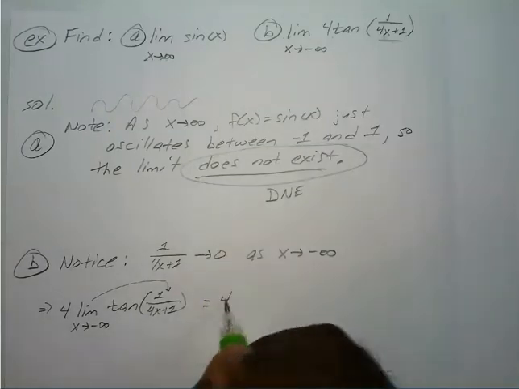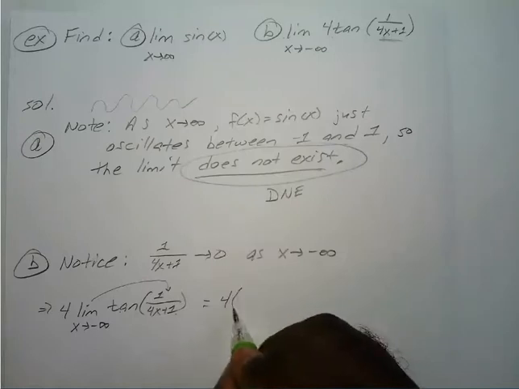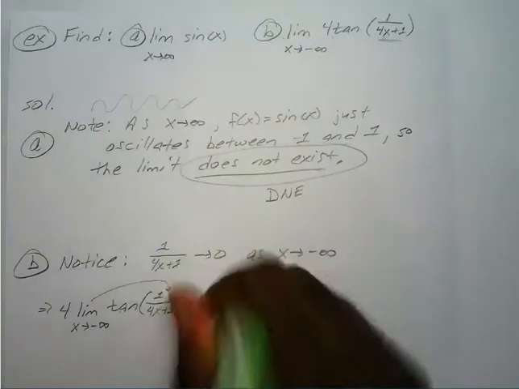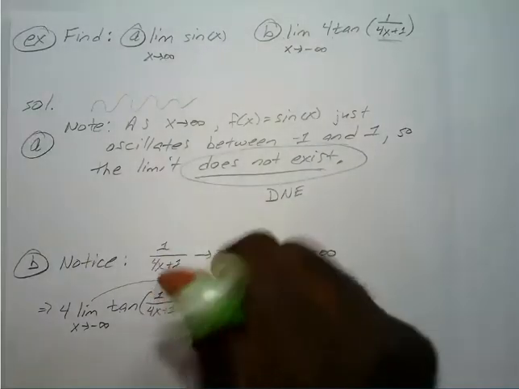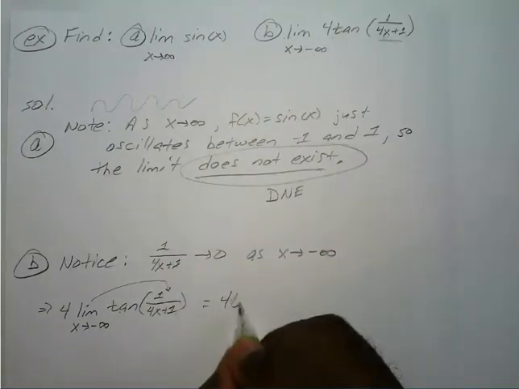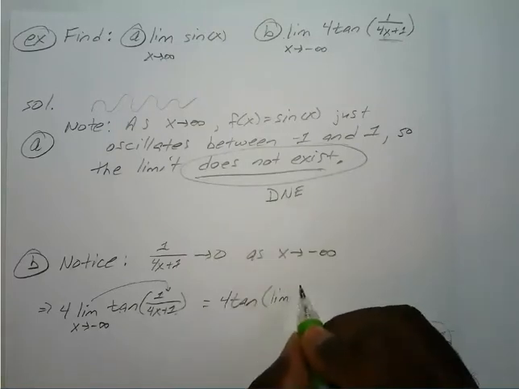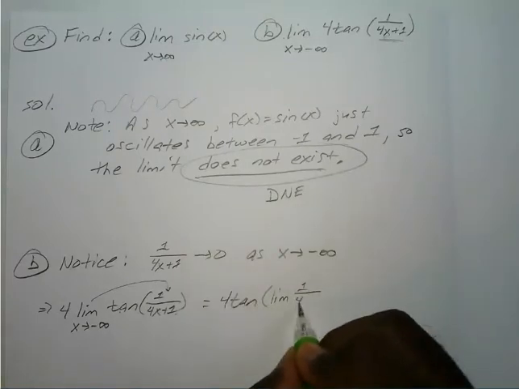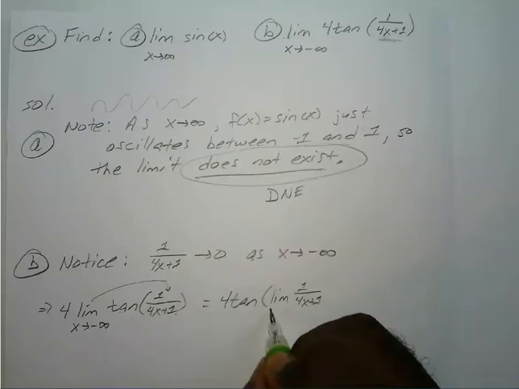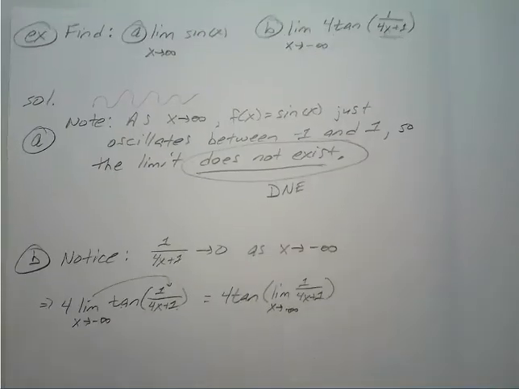So that becomes 4 times tangent of the limit of 1 over 4x plus 1. Let me clean that up so I'm not skipping any steps. 4 times tangent of the limit of 1 over 4x plus 1 as x approaches negative infinity.